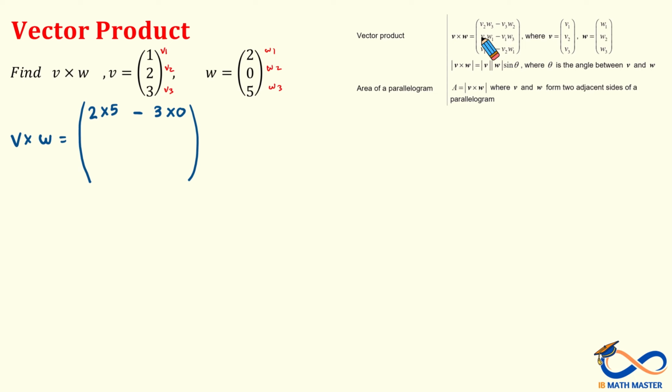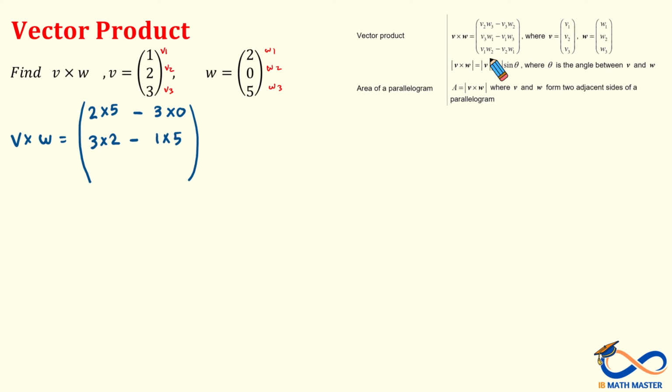We have V3 multiplied by W1. So V3, which is 3, multiplied by W1, which is 2. As we see here, 3 multiplied by 2. Minus V1 times W3. So minus V1, which is 1, multiplied by W3, which is 5. So we have 1 times 5.